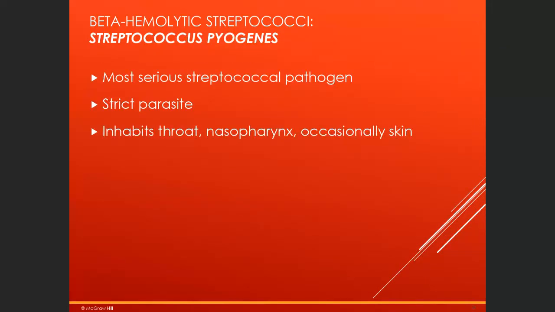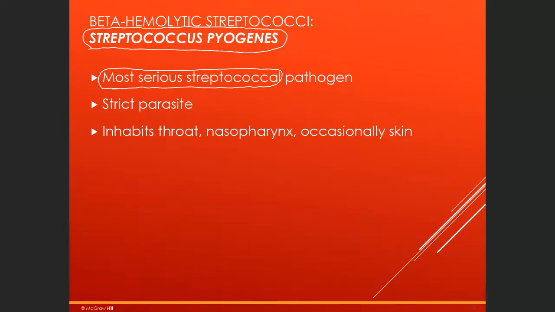Okay, we start with the first one, which is the most pathogenic one, the type of Streptococcus that causes most problems in humans. This is the most serious Streptococcus pathogen. They are strictly parasites. They inhabit the throat, nasopharynx, and also skin.